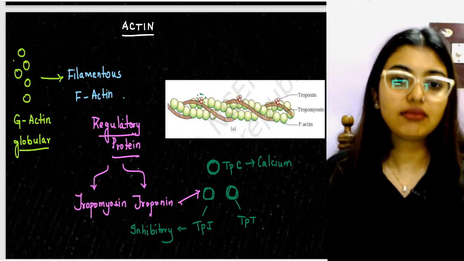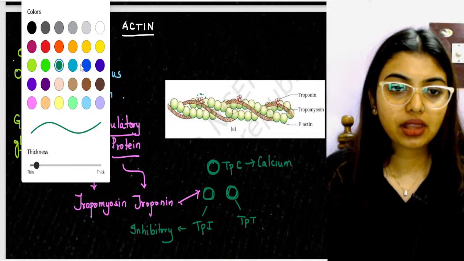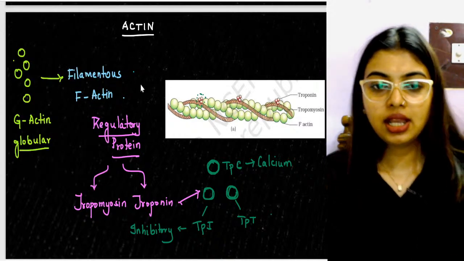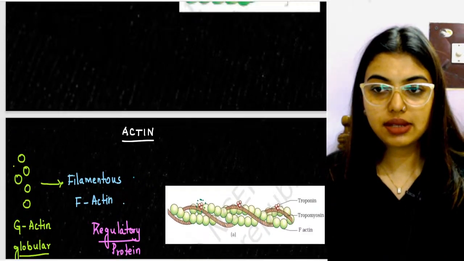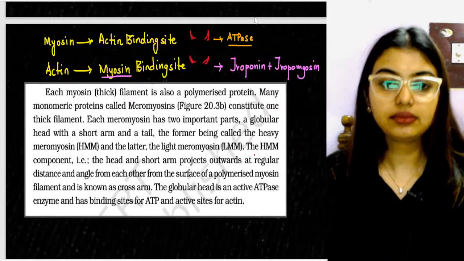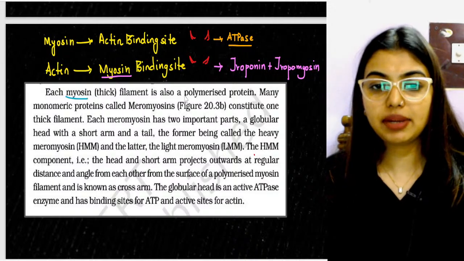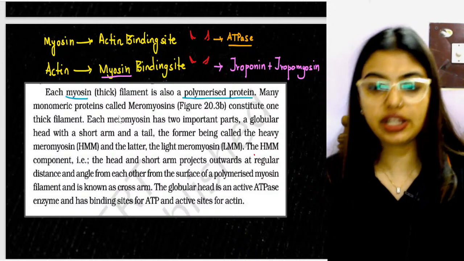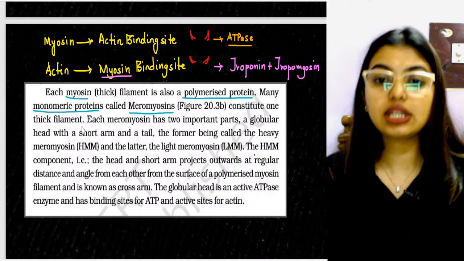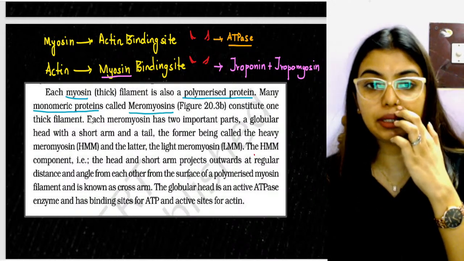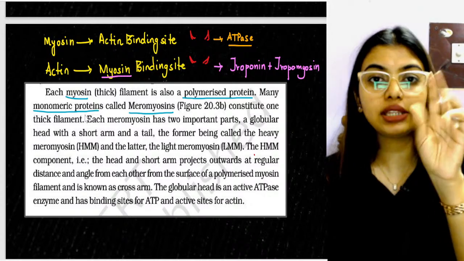Now, listen to me carefully. I'll just teach you myosin as well, and then I'll come back to this. Each myosin filament is also a polymerized protein. Many monomeric proteins called meromyosin constitute one thick filament.